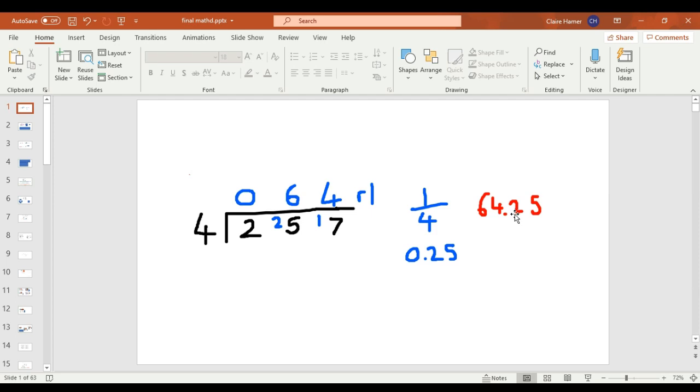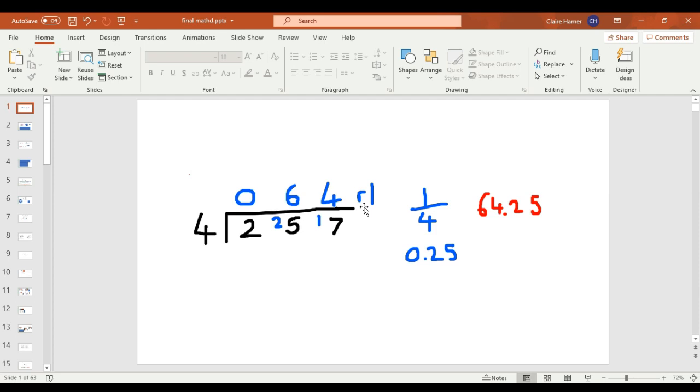If it was money, for example, if this was £257 shared between 4 people, and the question had asked you how much will each person get, and you put £64 remainder 1, then your answer would be incorrect, because obviously that's not how we write amounts of money.